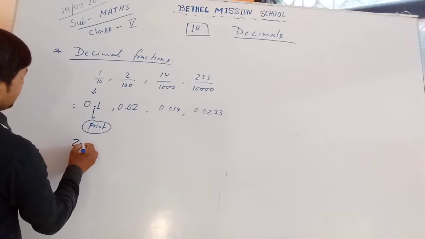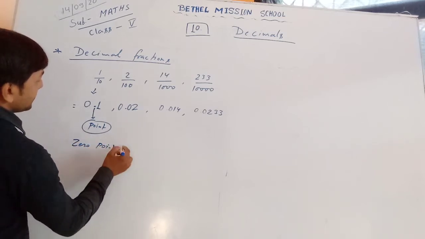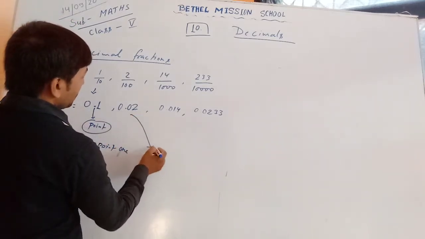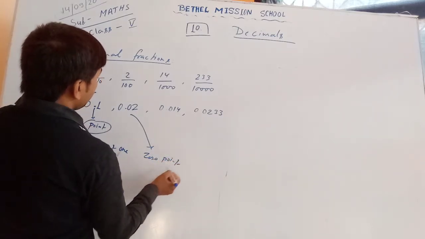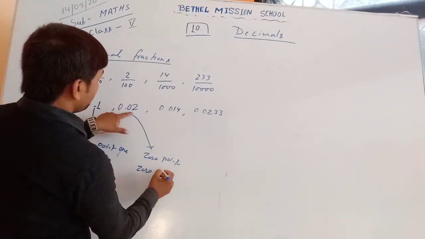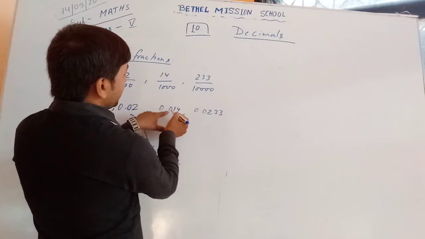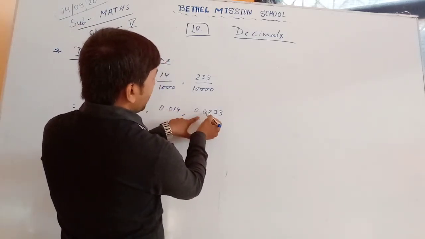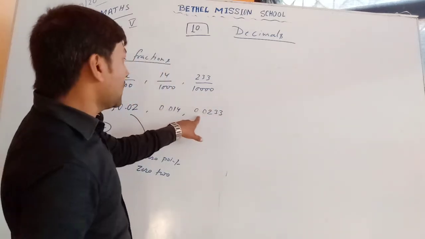This is 0.1, this is 0.02, this is 0.014, and this is 0.0233.